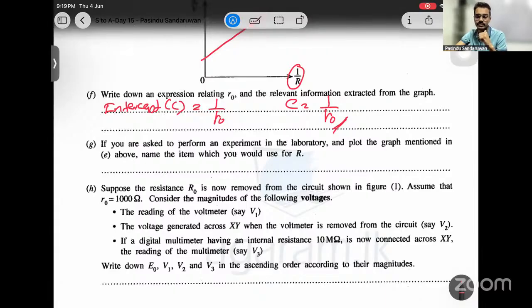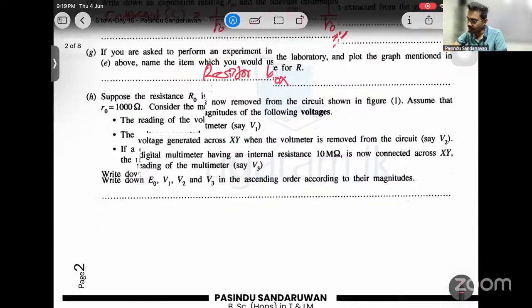Rheostat and resistor box, right? Now in this case, we need some distinct values of R, so a resistor box is used.